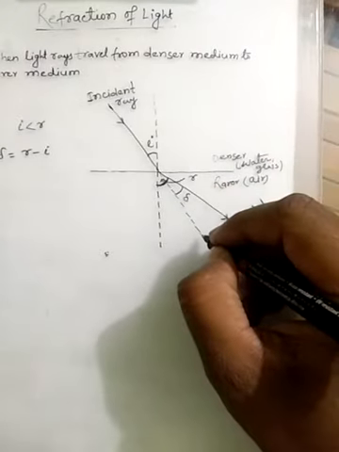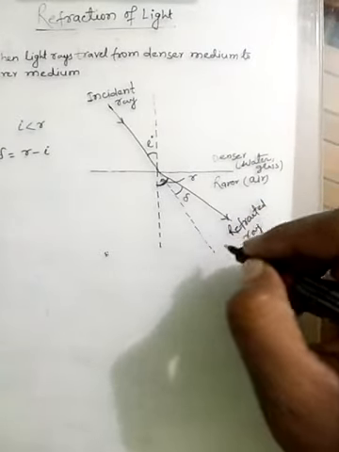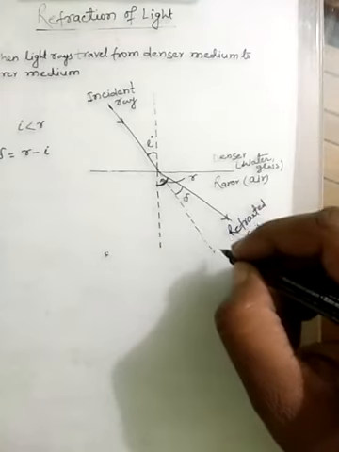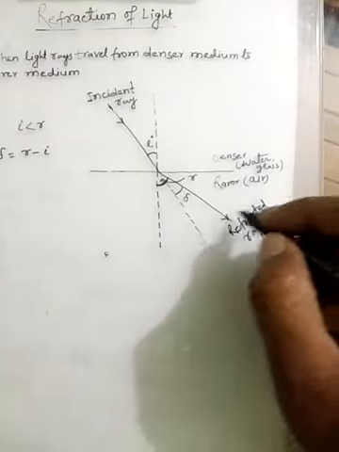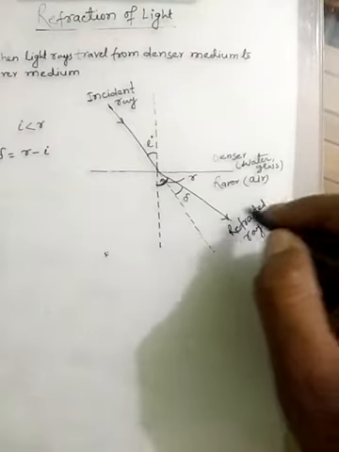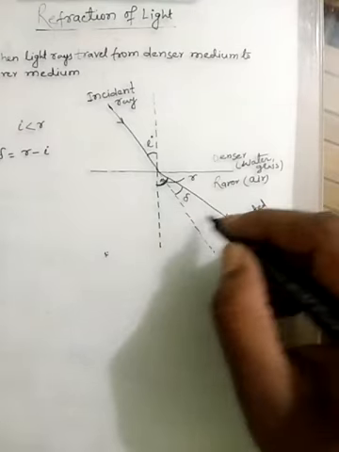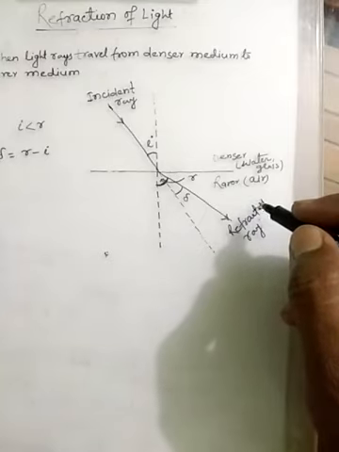This is the actual path of the light ray, and here this is the refracted ray which is away from the normal.